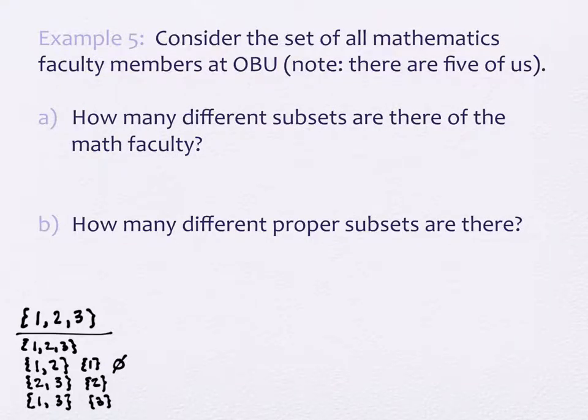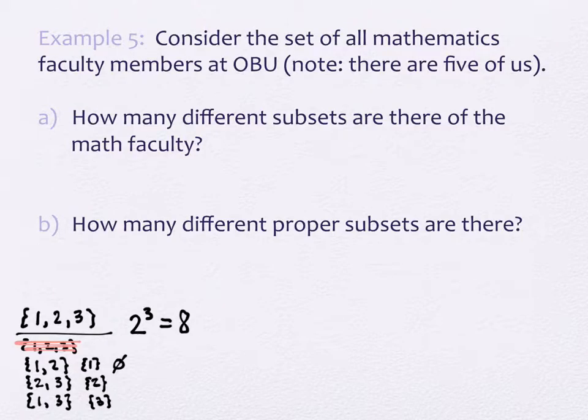Count my subsets. How many do I have here? 8. And 8 is the same thing as 2 to the 3rd power. So there are 8 subsets. One of them is not a proper subset. Which one's the non-proper subset? 1, 2, 3. This one would not be a proper subset because it's actually the same size.